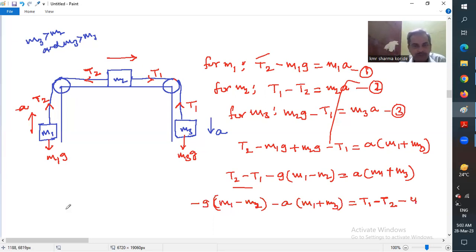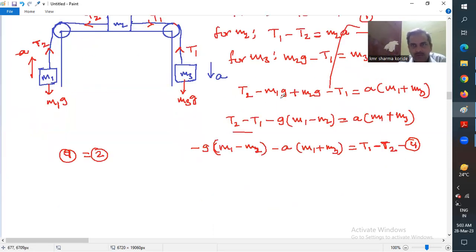Compare 4 and 2. If you compare 4 and 2, equation 2 has M2A is equal to minus G of M1 minus M3, minus A of M1 plus M3.